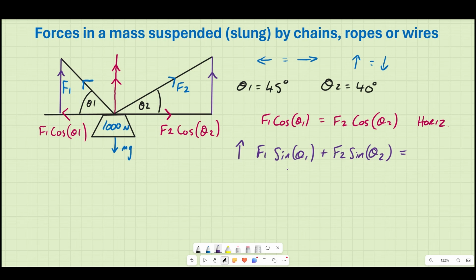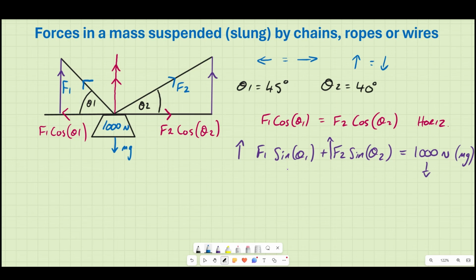So that must be equal to 1000 newtons, or mg, whatever your mass is and whatever the gravitational field strength is. mg is the weight on Earth. So the total up equals the total down.